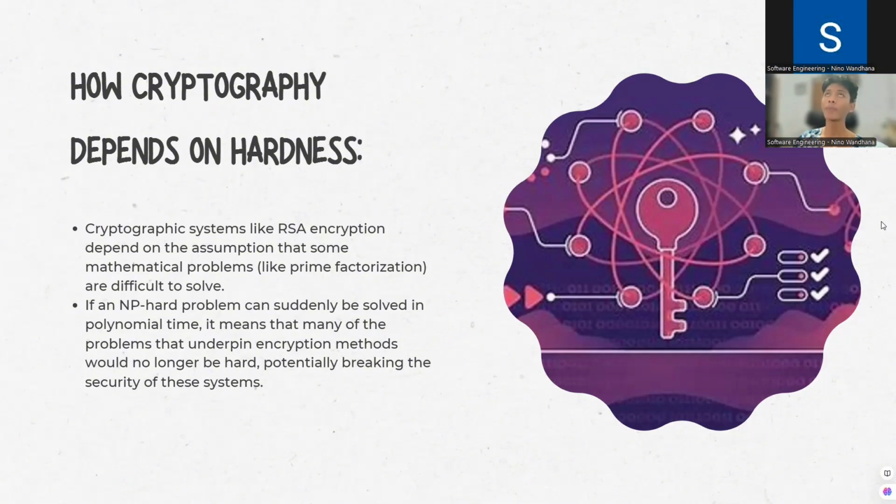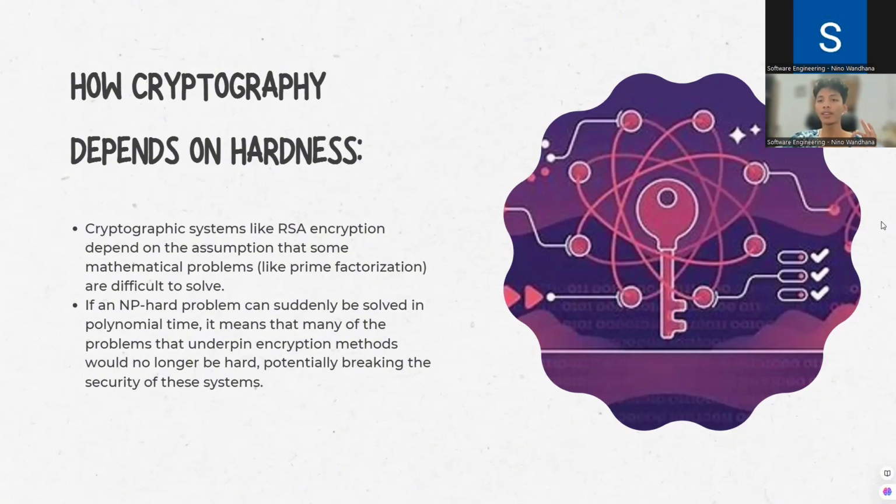But what happens if hardness breaks? If an NP-hard problem like prime factorization can suddenly be solved in polynomial time, the security of the cryptographic system collapses. Here's why.